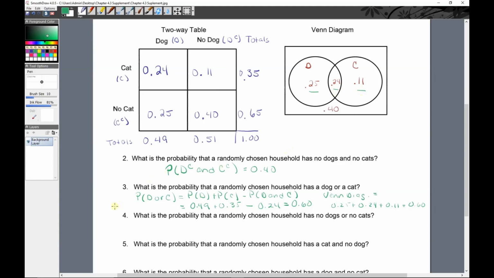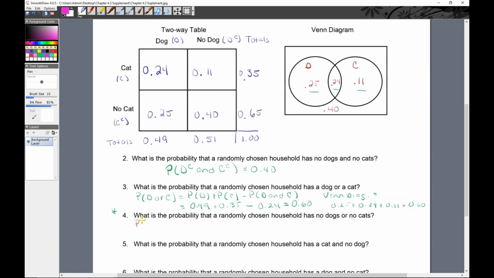Now this is going to be an interesting one. What is the probability that a randomly chosen household has no dog or no cat? All right, this is going to be the same formula as up here, but watch how we'll have to change it. And I think I'll just go with a different color for fun.